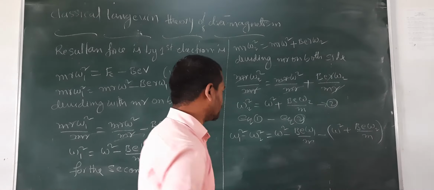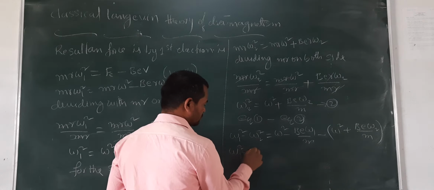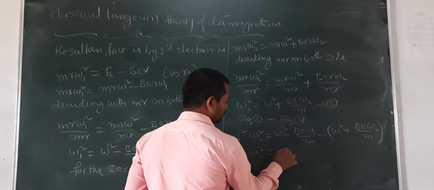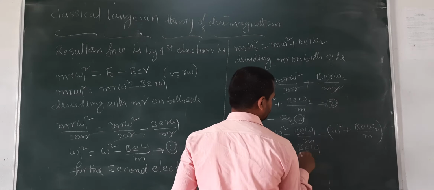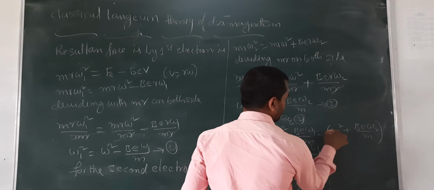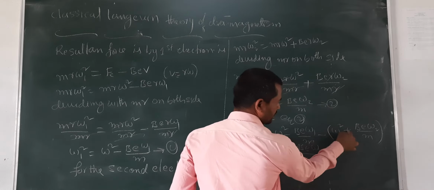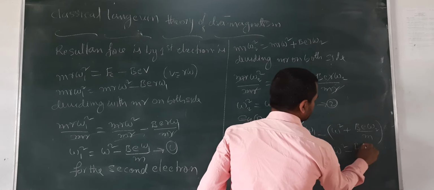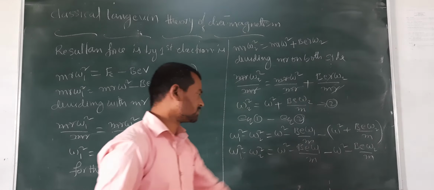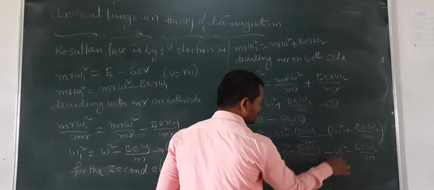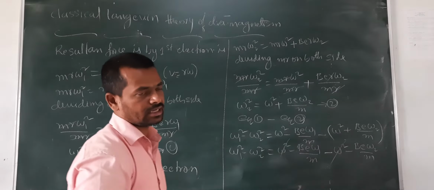Multiplying the minus inside, we get omega 1 square minus omega 2 square equals omega square minus B e omega 1 by m minus omega square minus B e omega 2 by m. The minus omega square and plus omega square get cancelled.